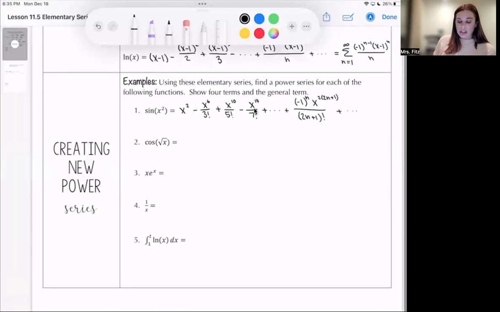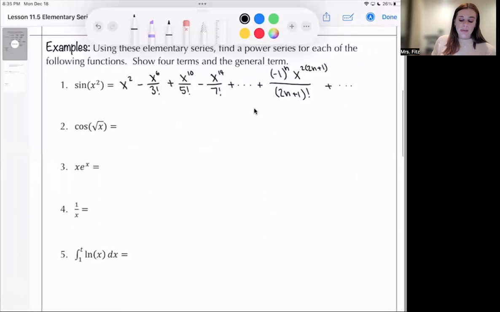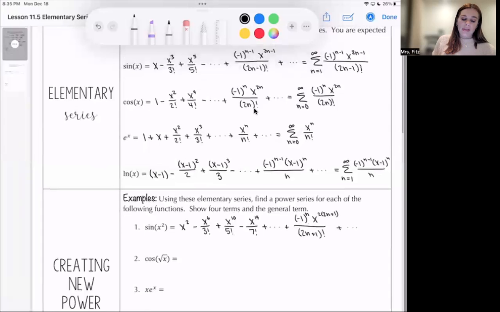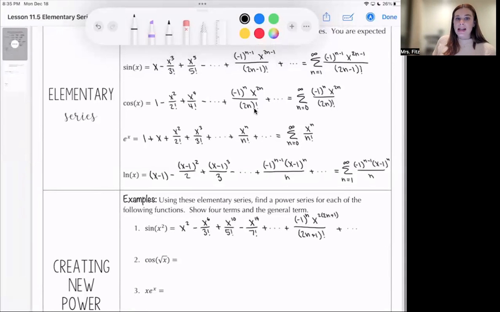All right, so hopefully I had a chance to go through those. Cosine of root x, meaning I'm taking all of the terms of cosine, and anywhere I see an x, I'm going to replace it with a square root of x. You could also think of it as x to the 1/2, right?